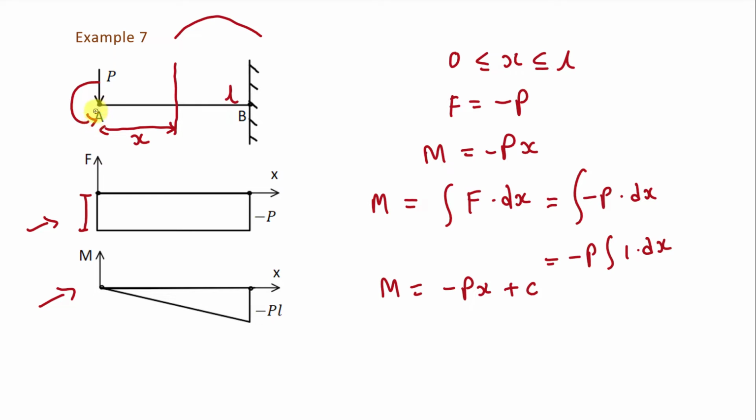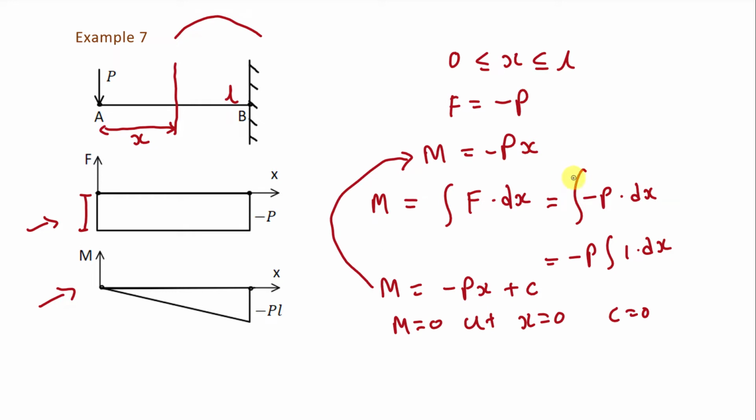So the value of bending moment M is equal to 0 at x equal to 0. If we put x as 0, then this term will be 0 and M is 0. So finally C will be 0. So M will be equal to minus Px.